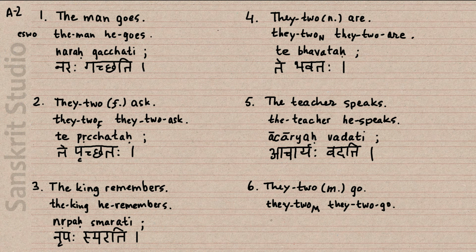And we have tau, and then going here, someone is going, gacchati, but with a dual ending instead, gacchataha. And in Devanagari, tau, gacchataha.